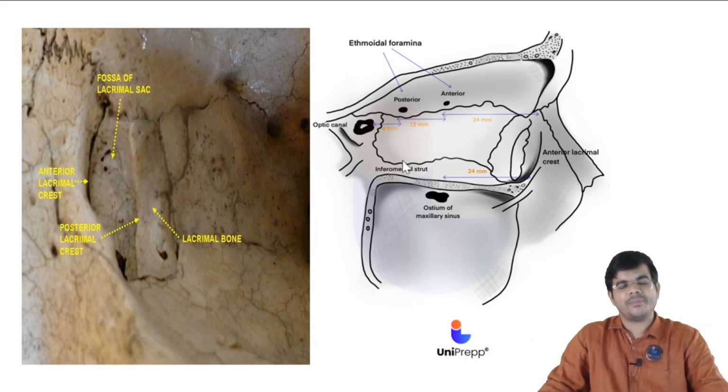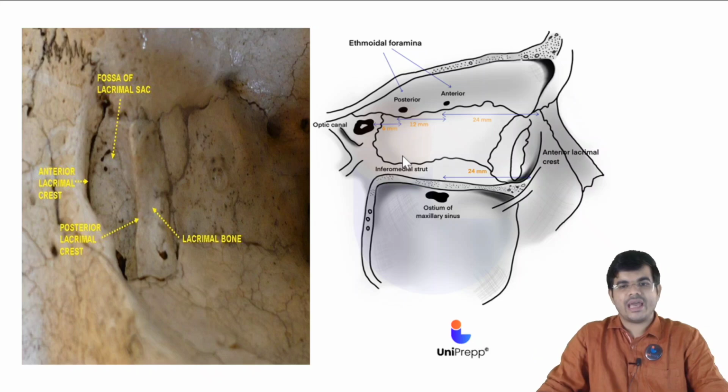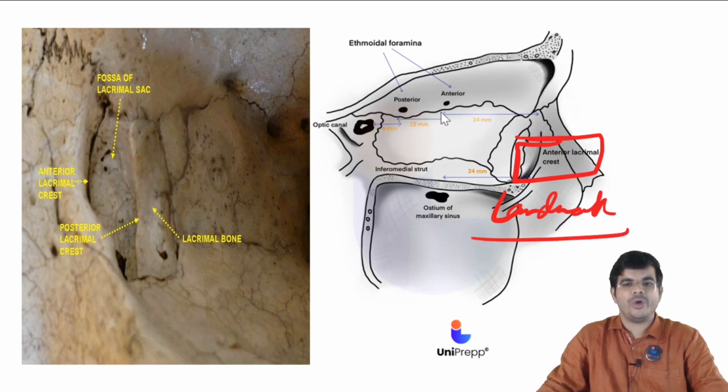What is this anterior lacrimal crest? Between the anterior lacrimal crest and posterior lacrimal crest you have the lacrimal fossa, on which is lodged the lacrimal sac, right? So this anterior lacrimal crest is the landmark for these foramens. You have the anterior ethmoidal foramen, then posterior ethmoidal foramen, and finally optic canal.